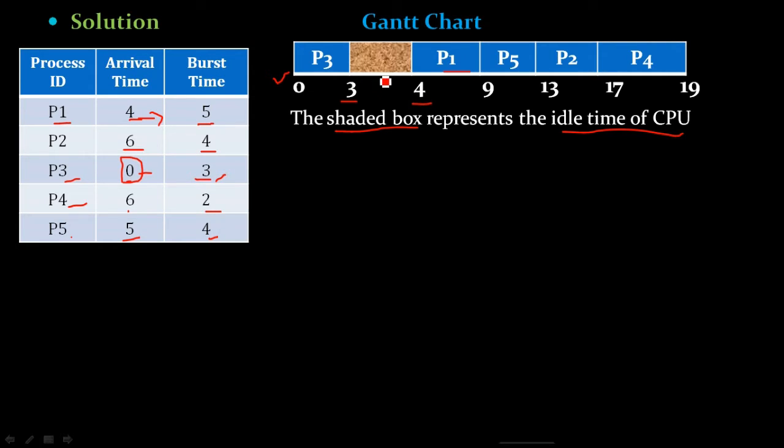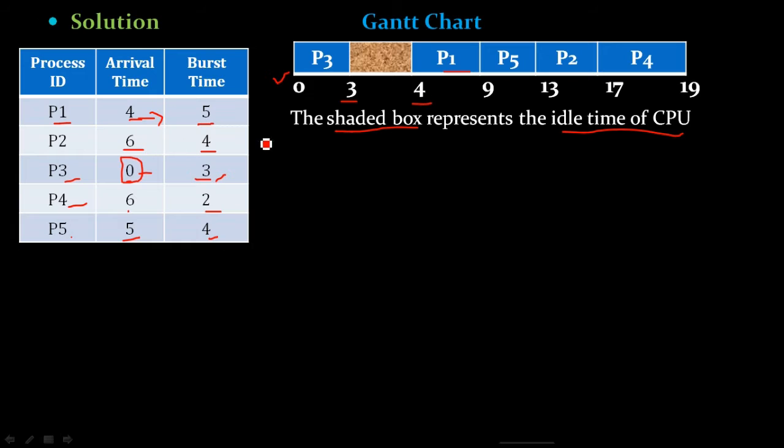Thereafter the next arrival time is 5, when P5 arrives. P2 and P4 arrive at the same time, but whoever comes first will occupy first. So P5 is the next process, P2 is the next, and P4 is the next.